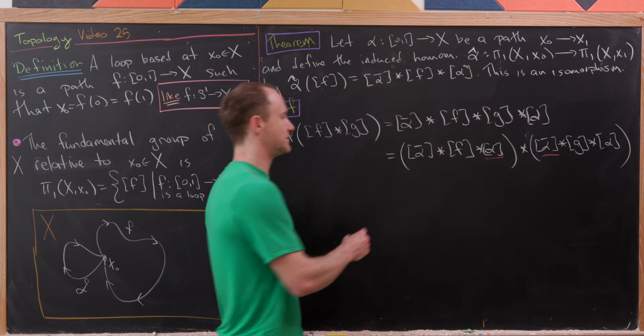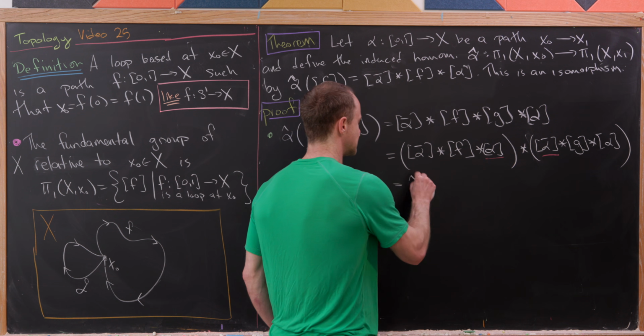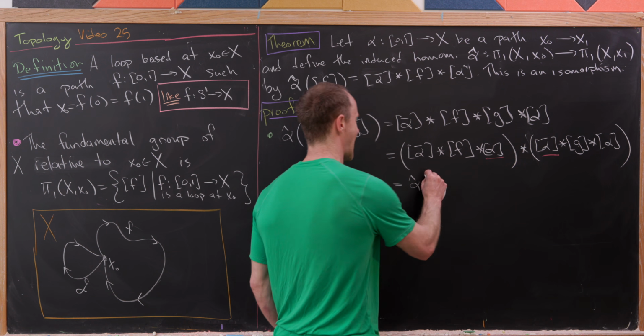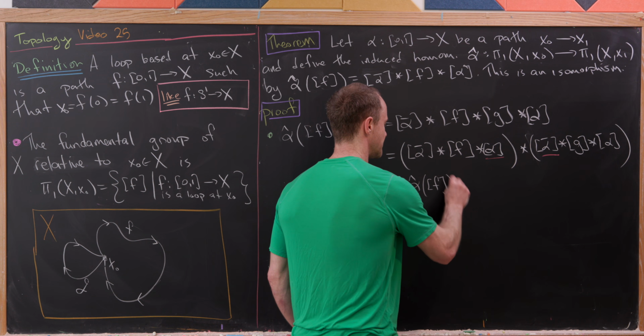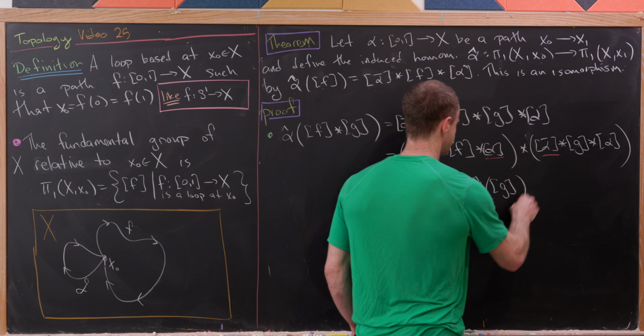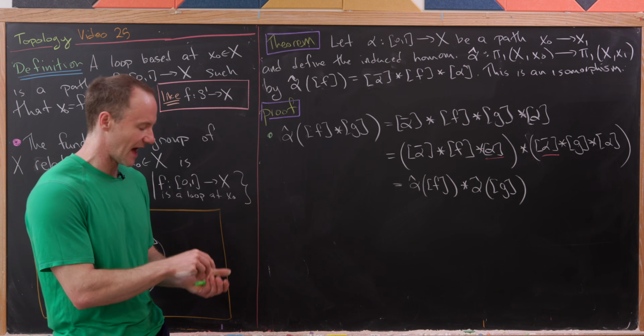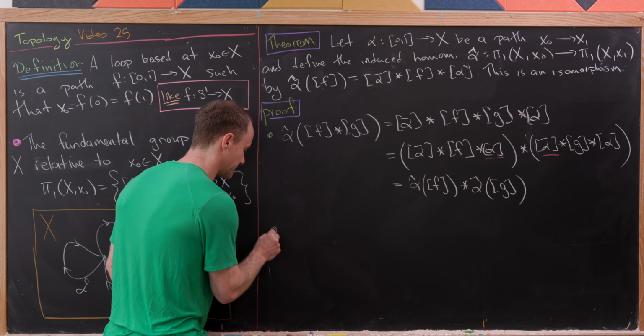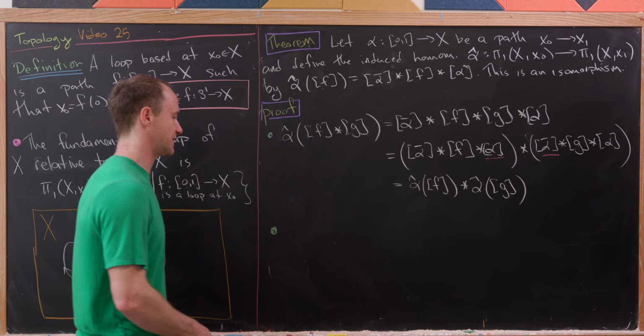Okay, but now observe that this is exactly what we want it to be. It's going to be alpha hat of F star alpha hat of G. But that means that alpha hat is a homomorphism. Now, how do we show it's an isomorphism?